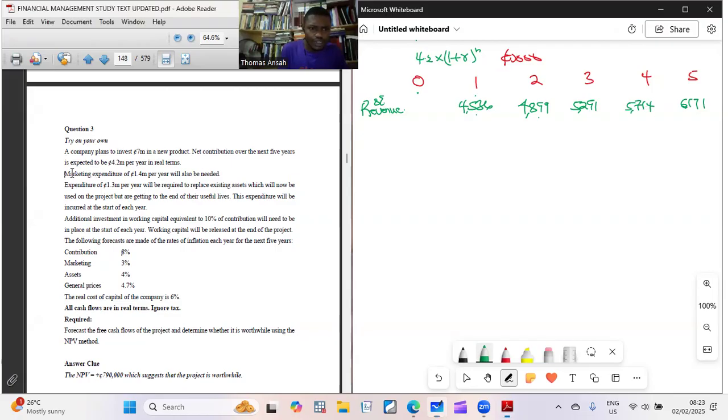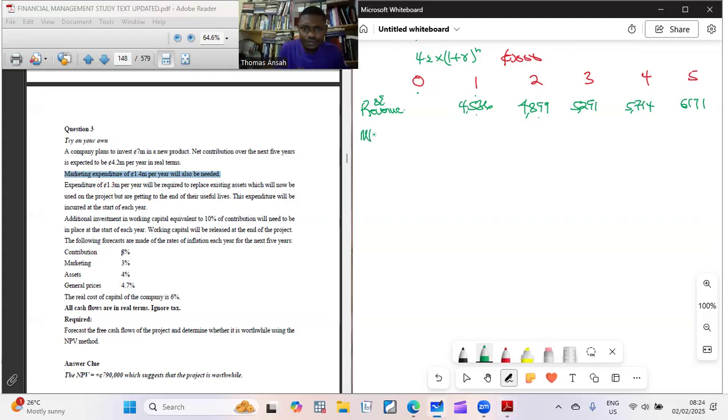And we are told that there is a marketing expenditure. You see the marketing expenditure, we are not told whether it is at the beginning or at the end, but you must know that it's assumed end, because that's the assumption of investment appraisal. But when you are told it's at the beginning of the year, then be careful. So we have less our expenses.